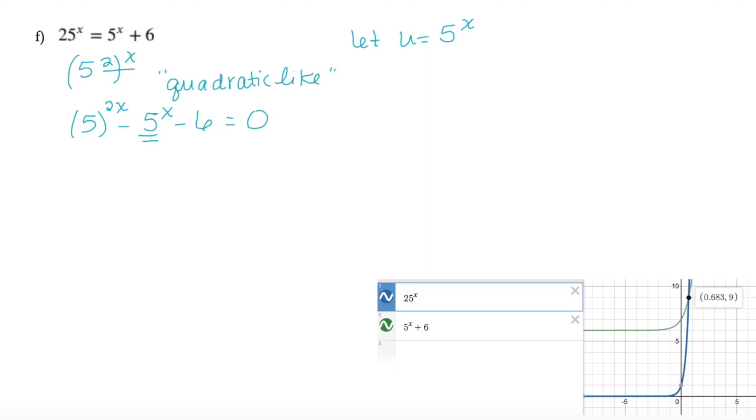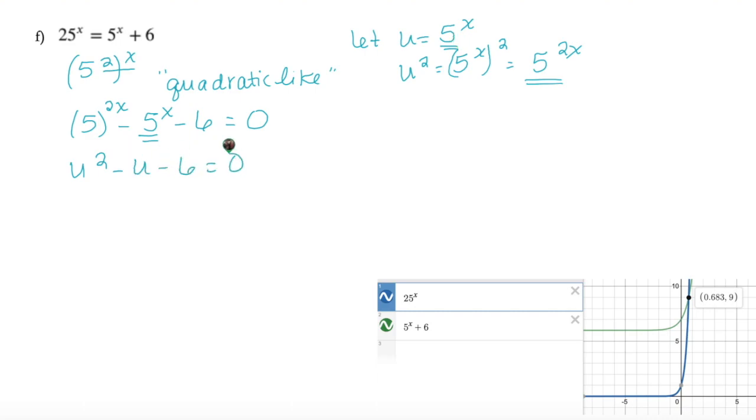Then if I were to square both sides, u squared would be the same as 5 to the power of x to the power of 2, or 5 to the power of 2x. Let's replace then 5 to the power of 2x with u squared, and 5 to the power of x with u.